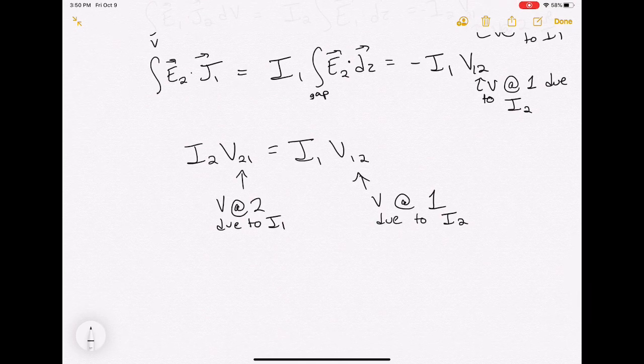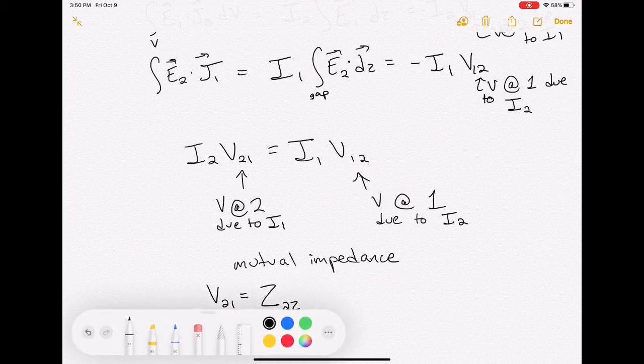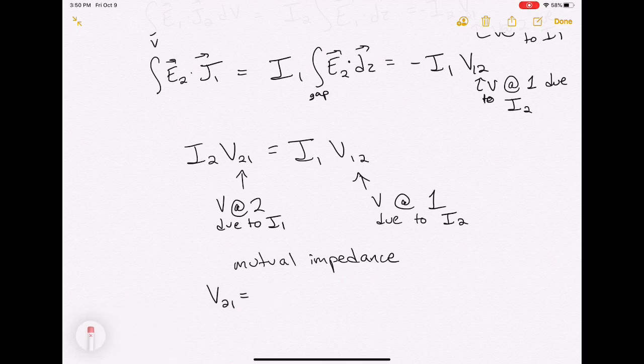So we can define a mutual impedance to describe this situation. We can say that V21, this voltage at antenna 2 due to current 1, is equal to some impedance Z21 times I1.